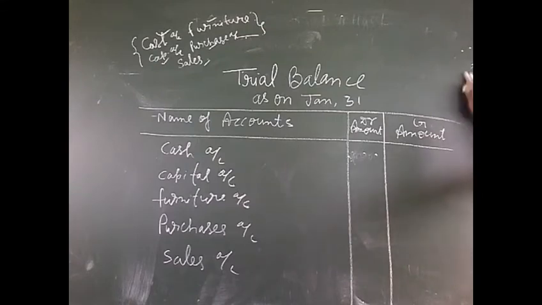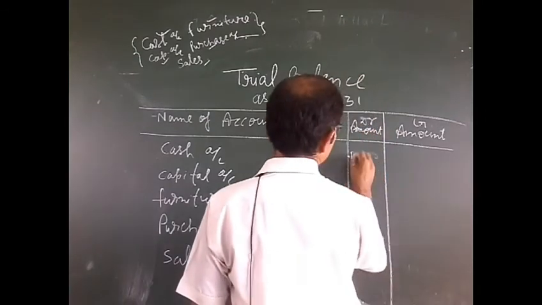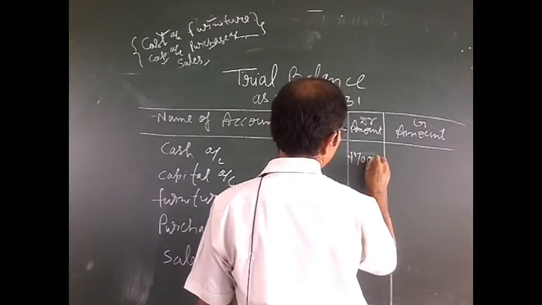The balance was 1,70,000. So we will write here in the debit side 1,70,000.